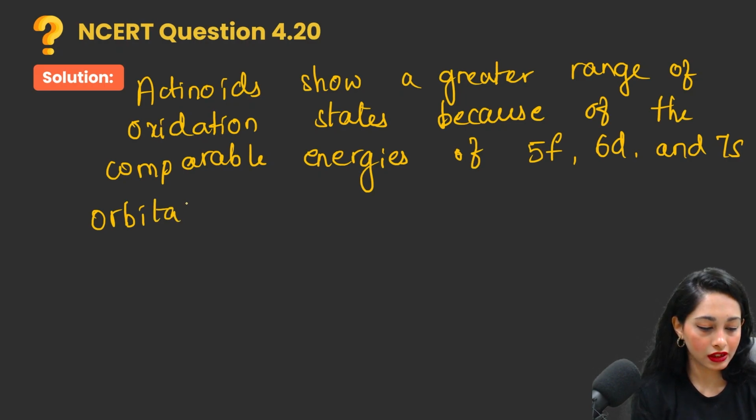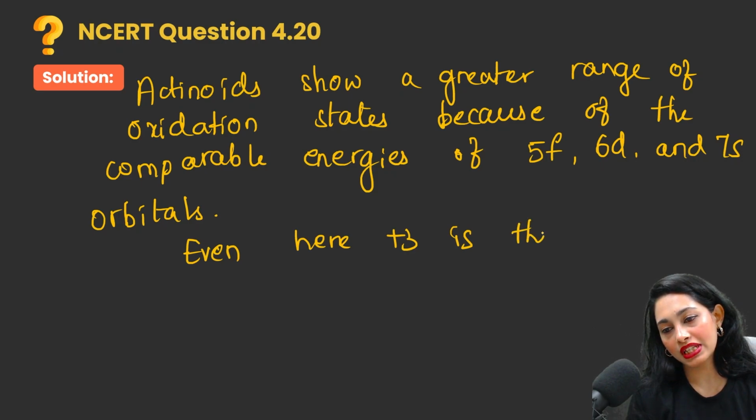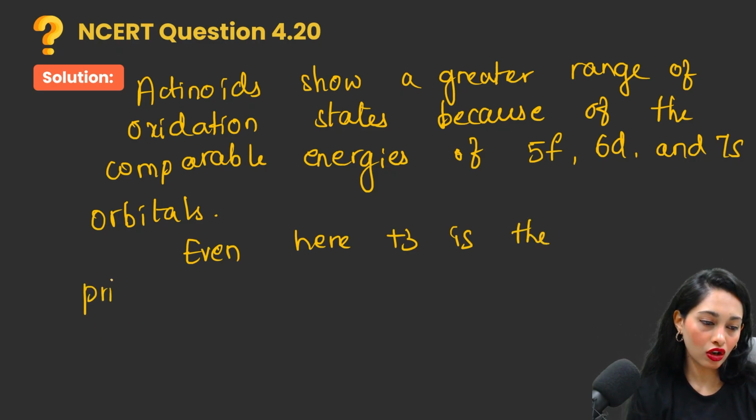So here also, +3 is the principal oxidation state. Okay.